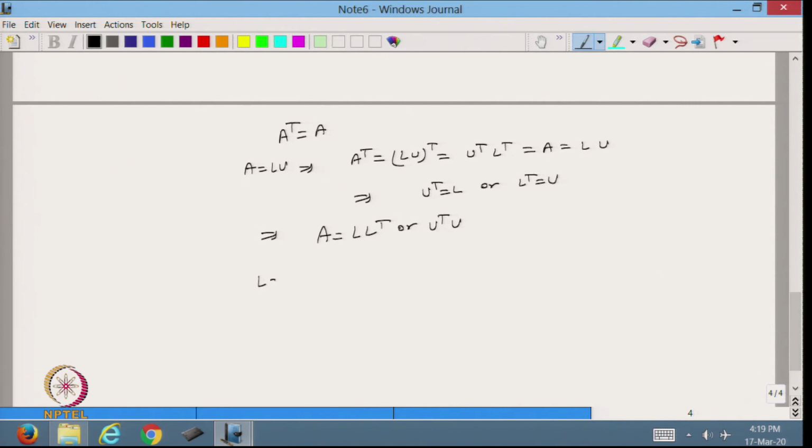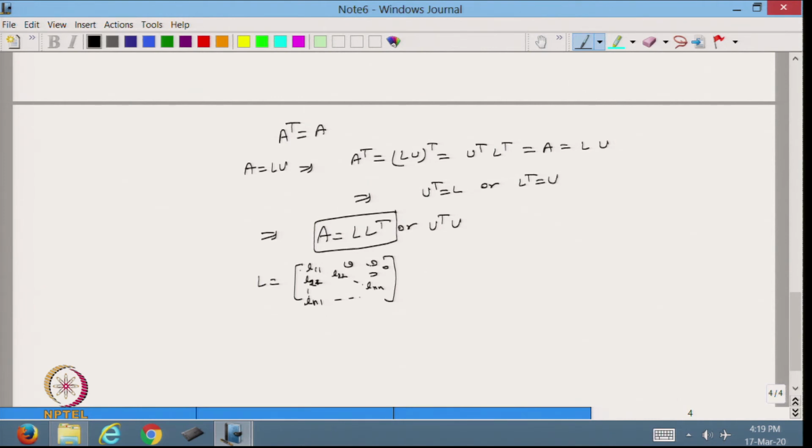Now, suppose I take this notation. Let this be L11, L22, up to LNN, and then L12, L21, LN1 and so on.